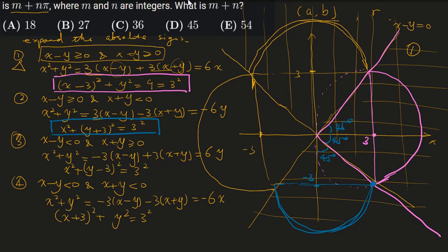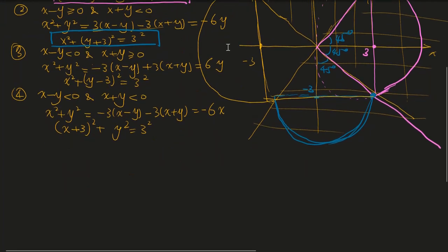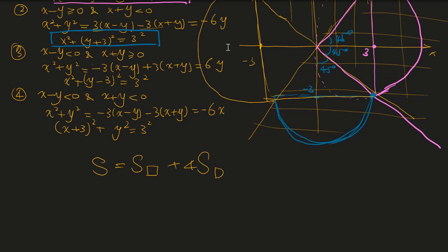And the area of this enclosed part is actually very easy to calculate, because if we connect these lines, we know that the center part is a square with a side of 6. And then we have 4 semicircles. Therefore, the area, the total area of the enclosed part, equals the area of the center square plus 4 times the area of half circles.